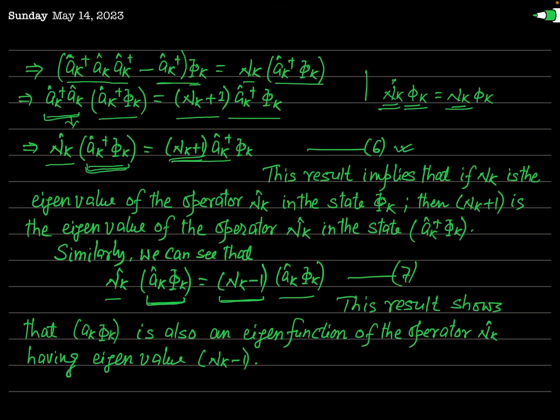When it is ak phi k, the eigenvalue is nk minus 1.